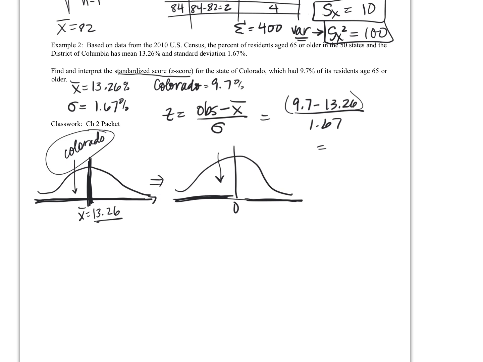Make sure you do the subtraction completely before you do the division, because it does make a difference. To get negative 2.13. So Colorado's z-score is negative 2.13.